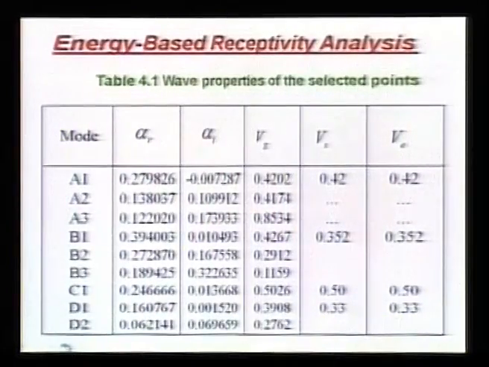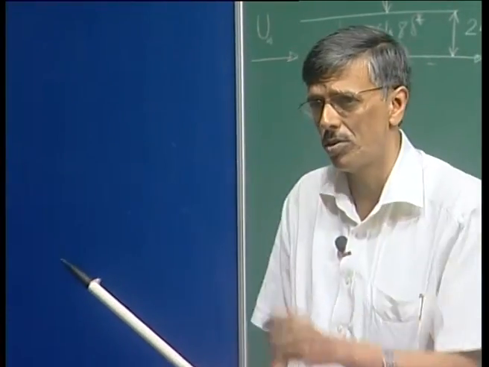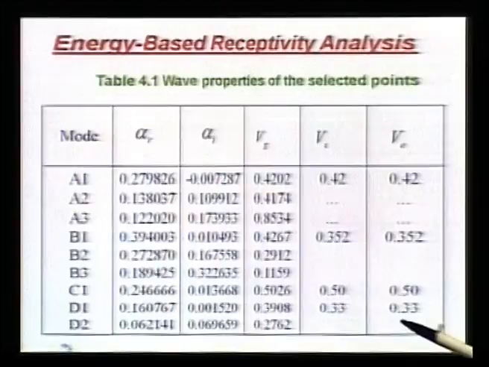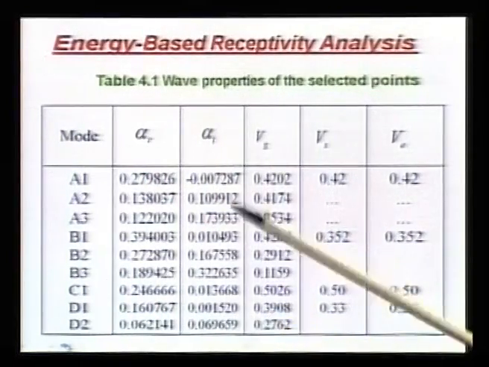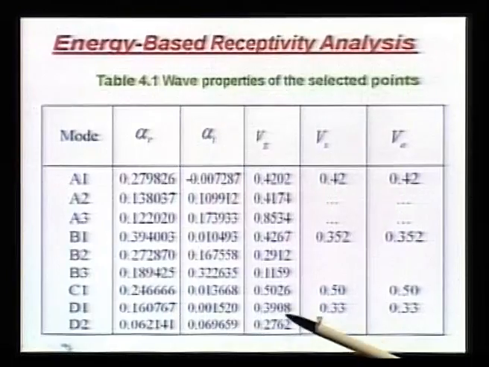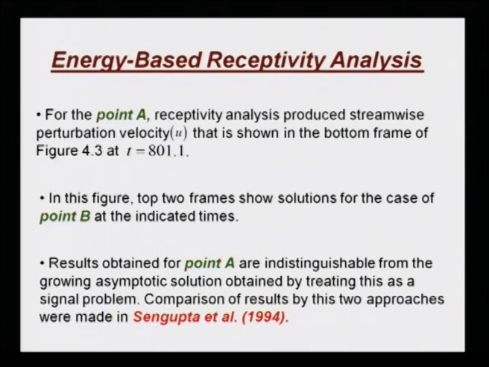Point D, which was again at the same R equal to 1000 but a little below the neutral curve, has only 2 modes, with alpha I given by this and the group velocities indicated by this. Essentially all the things you are seeing in this table correspond to downstream propagating modes. We will come back to this table again when we talk about the results.